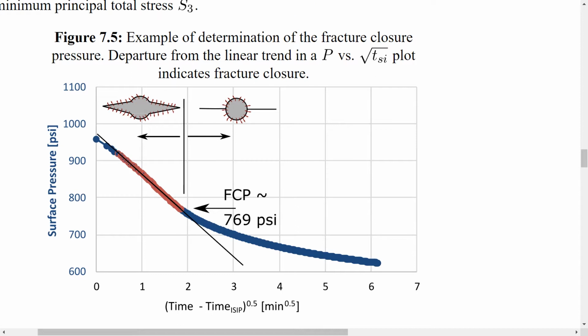And it happens that with this geometry, the pressure is going to go down linearly with the square root of time, but when the fracture closes, it gets to a more gradual decay of the pressure, and it gets slower, and the pressure now doesn't go down so quickly, and it doesn't go down linearly with the square root of time. At the point at which you find that deviation, that's the fracture closure pressure.